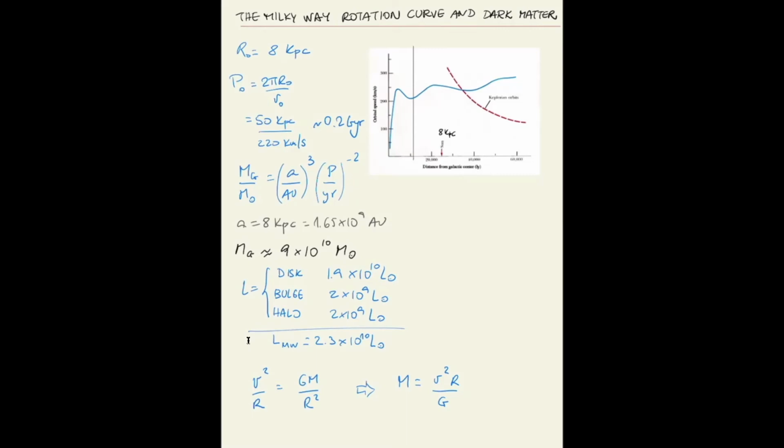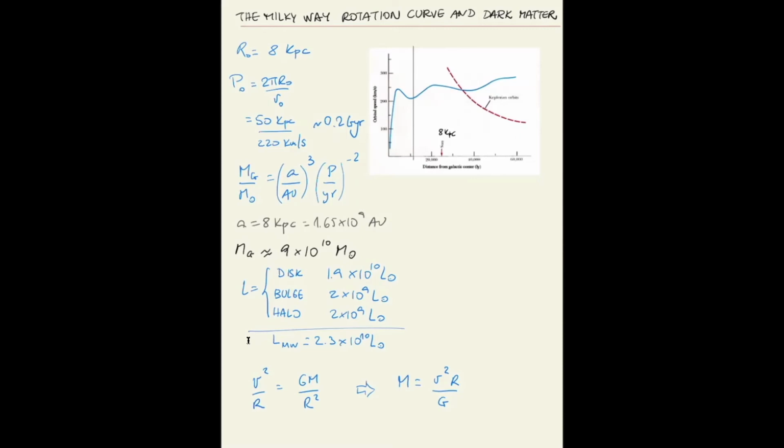Now, observations of stars and gas clouds in our galaxy reveal that the orbital speed, in fact, does not fall off with distance from the center. That's what we're seeing here. This is the actual rotation curve in blue, whereas the fall that you would expect if all of the mass was concentrated in the center would be the red curve. All the way to the outer fringes of the disk, the orbital speed is constant, or even slowly rising with radius. Thus, there is more mass outside of the Sun's radius than inside.